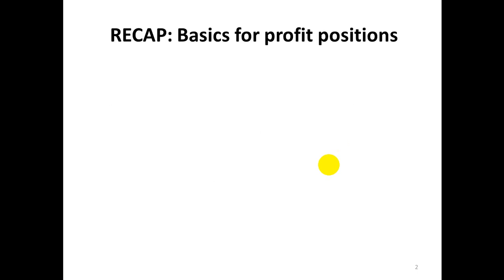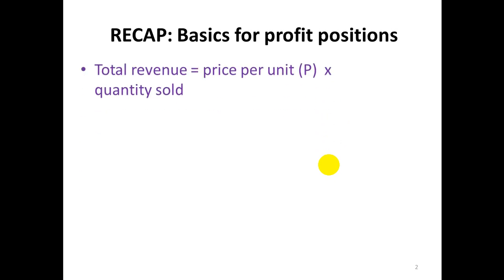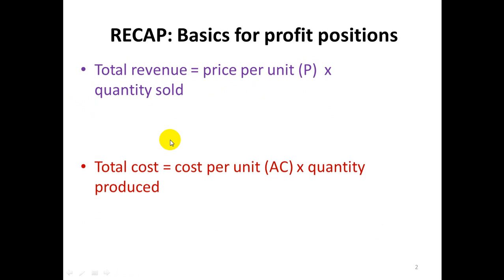Let's just recap the basics for profit positions. Total revenue is equal to the price per unit times the quantity sold. So the total amount of revenue you can make depends on how much you sell that unit for, and how many of those units you sold.